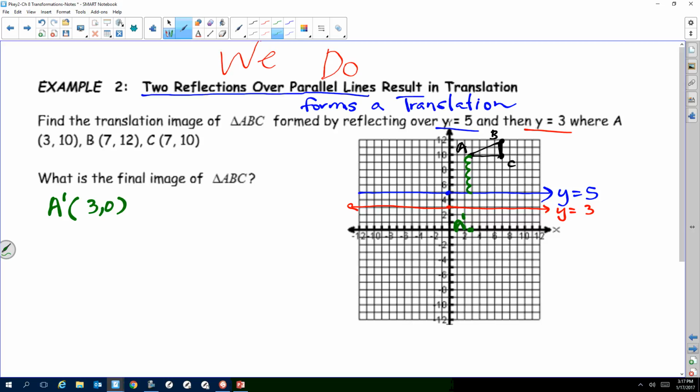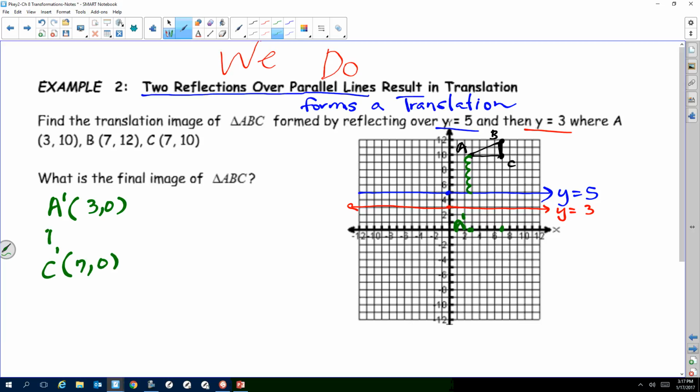I'm going to do the same thing for B and C. Okay? So I'm going to start with the C because I know it's on the same line as A. It has the same units. So that's 5. I go 5 down. That would be 7. Make sure I'm lined up. Yeah. So our C prime was (7, 0).